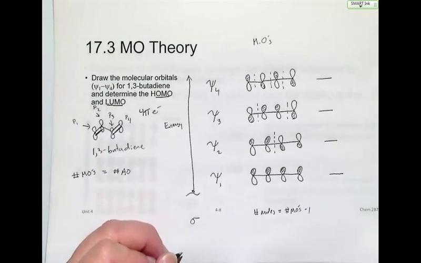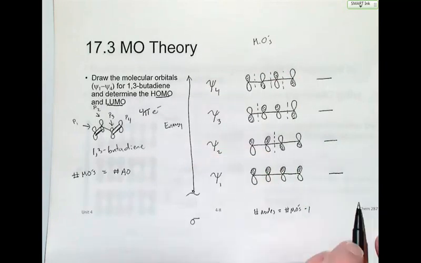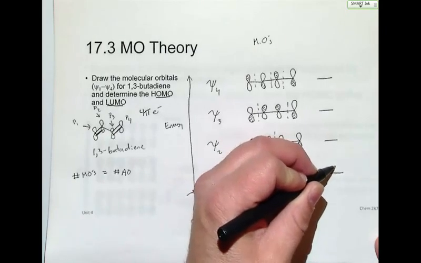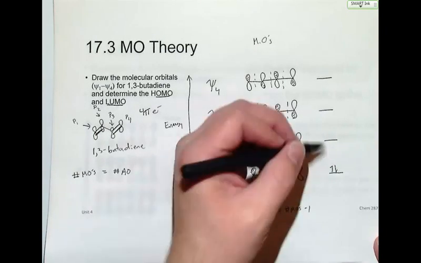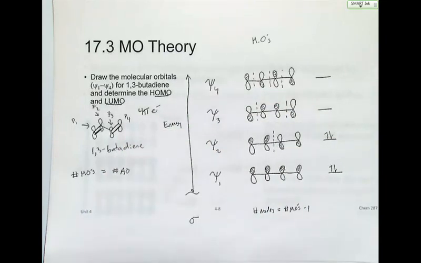We're going to follow the Aufbau principle, I'm sorry, not Huckel's rule, and fill this thing up from the lowest to the highest. So we've got 4 electrons, we populate it, we pair them up, and then go to the next highest level. And that's what it looks like.